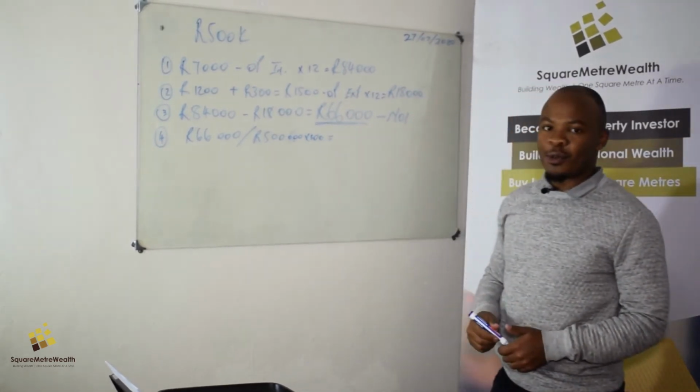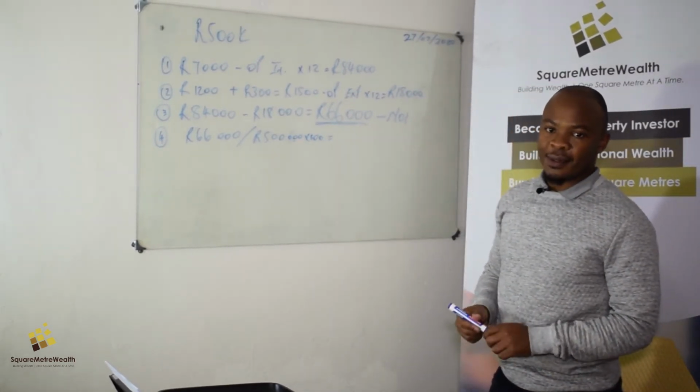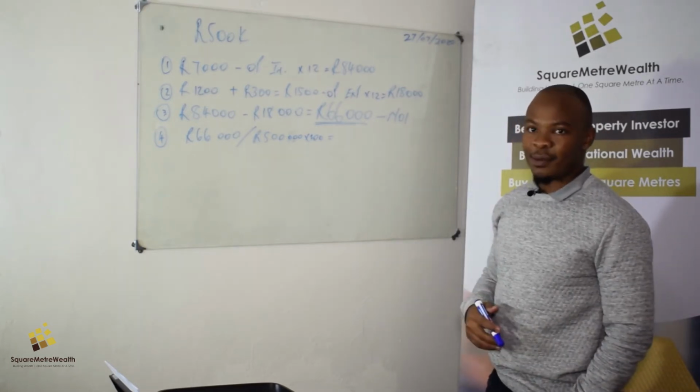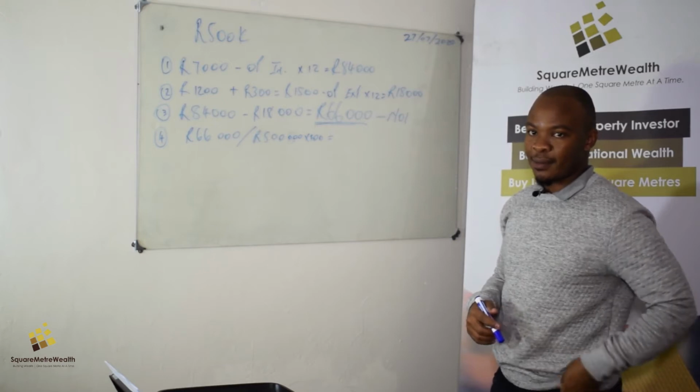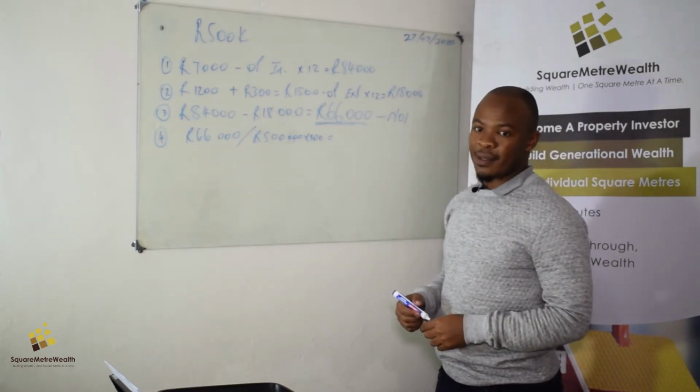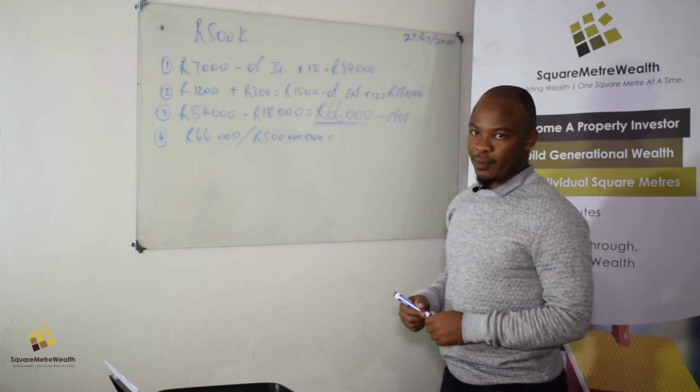So, 66,000 Rand divided by 500,000 Rand multiplied by 100. What do we have? 13.2.